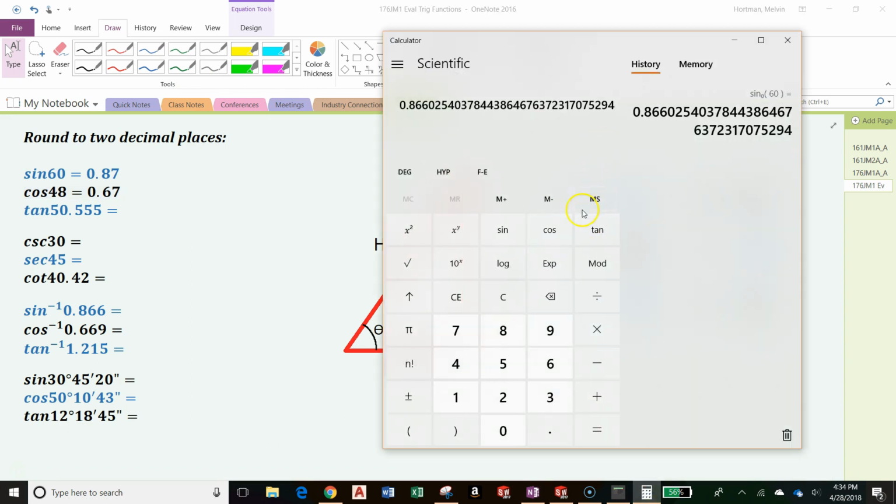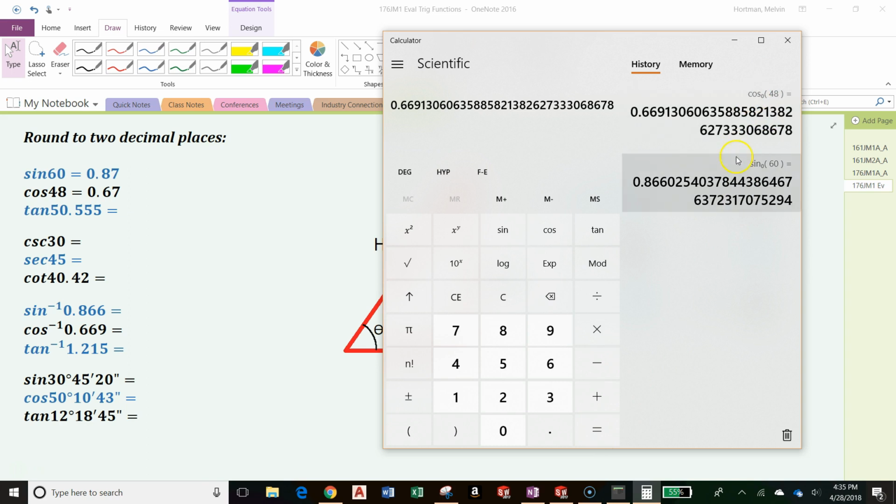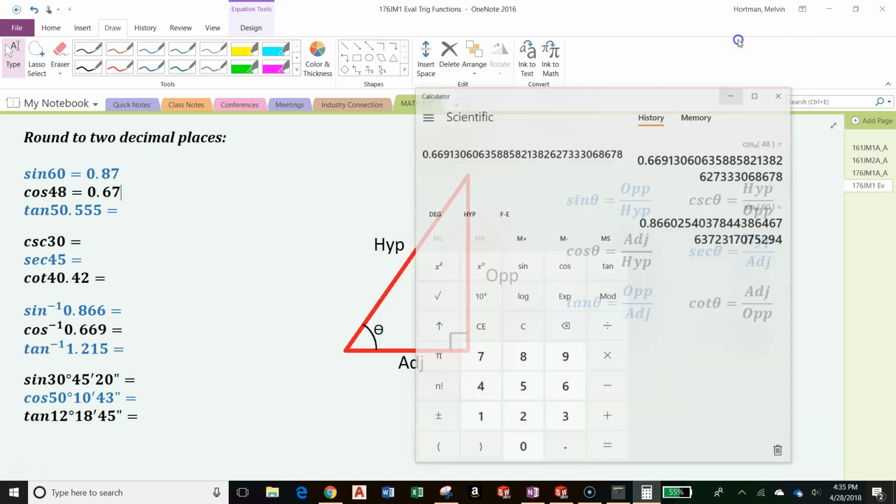And on the other calculator, let me clear this history here. We would press 48 first, and then click on cosine. That's 0.669, and it keeps going on. That rounds up to 0.67. And you see I pressed equals and my value is saved so that I can reference it later.